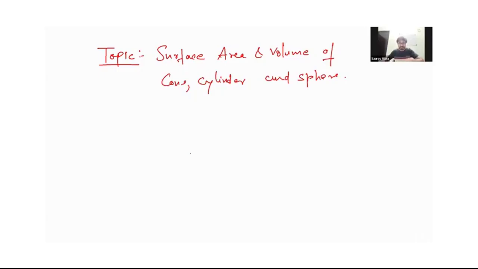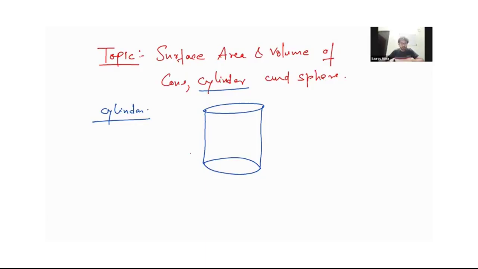So let's start with a cylinder. First of all, we should know how to calculate the surface area and volume. See, it is your cylinder, and these two sides are circles, the upper end and the lower end.